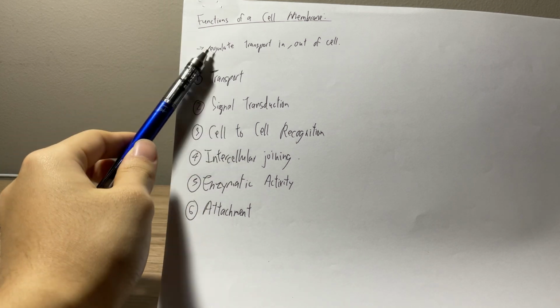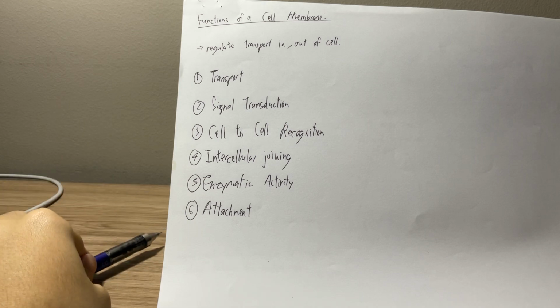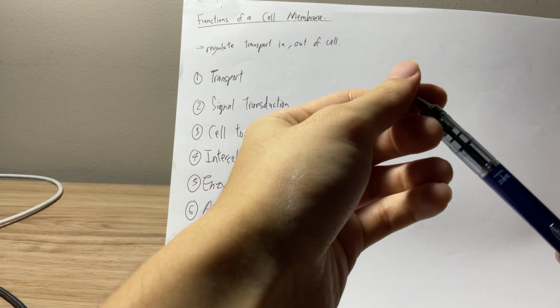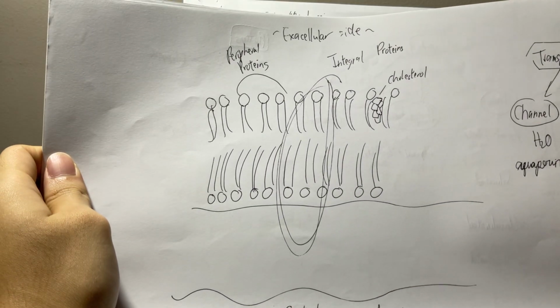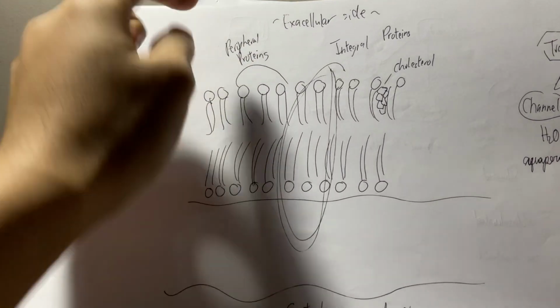So it's intended to regulate transport inside and outside of the cell. And again, it looks like, should I draw? No, let me just find the image again. Yeah, it looks like this, the cell membrane. So going out, going in.